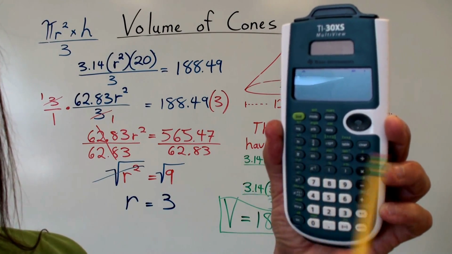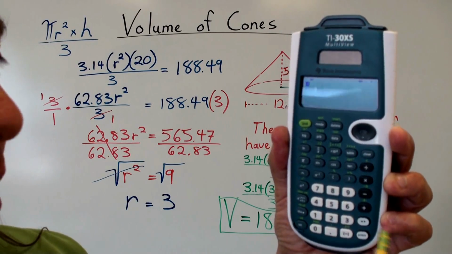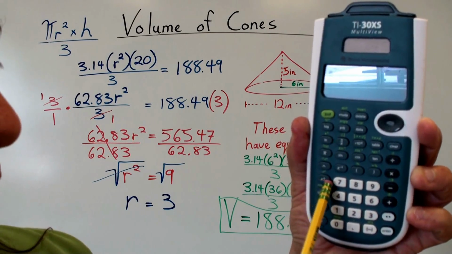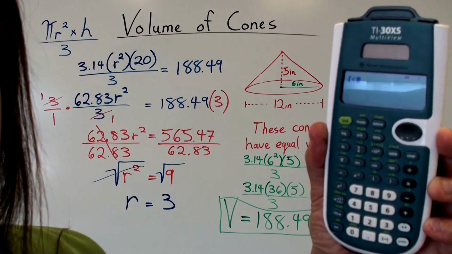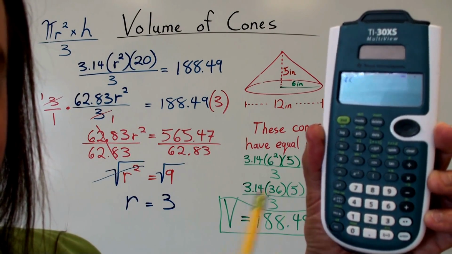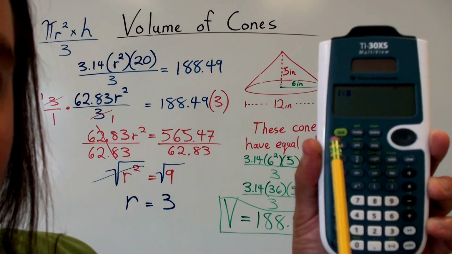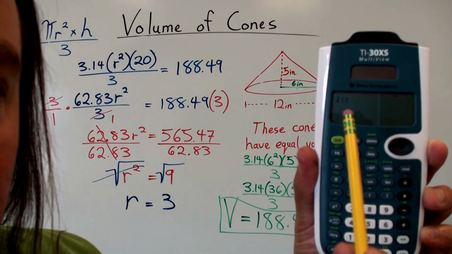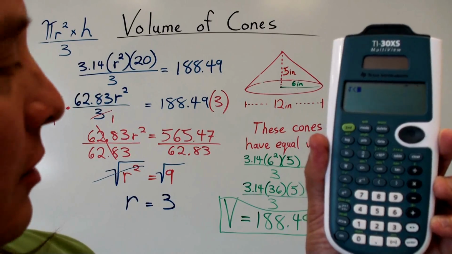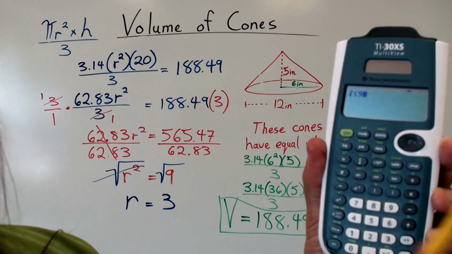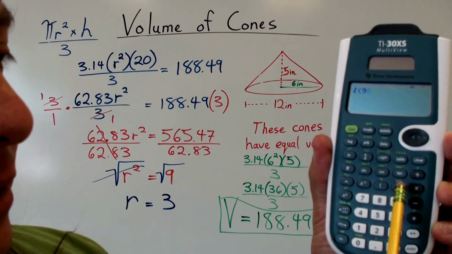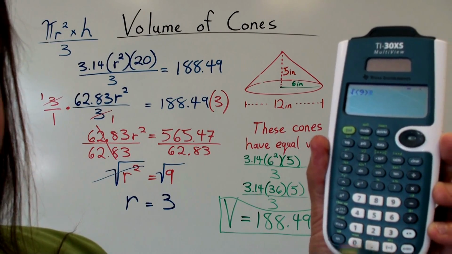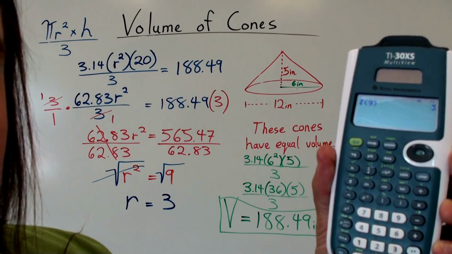Now the calculator is going to respond to all those green signs. But I want that little square root button, so I'll hit that. It opens up a little radicand there, and opens up a parentheses. So I'm just going to put 9 in there. Now I can close the parentheses. You don't need to, but I will this time. What the heck? Let's close the parentheses, and it's equal to 3.